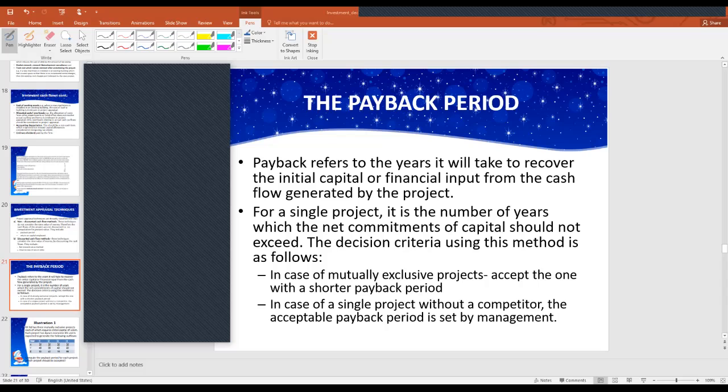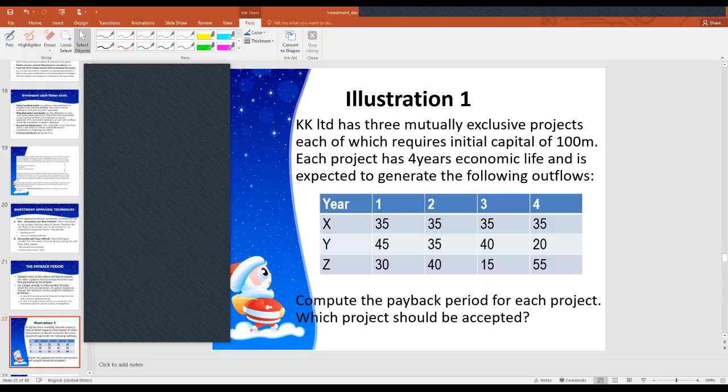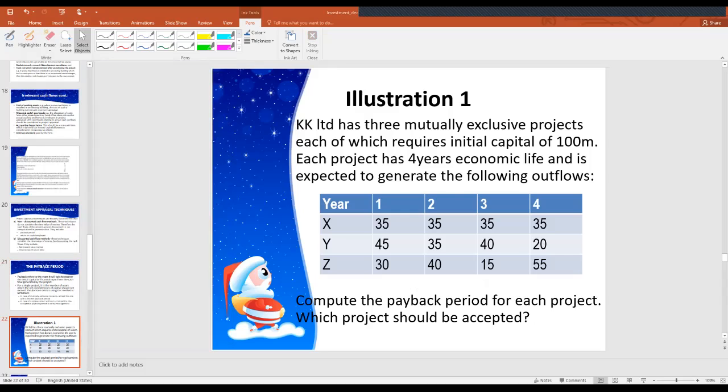Okay, let's do an example, and I want you to do this too. First, make the attempt. I'll show you how to get the payback for one project, then I'll ask you to do it for Y and for Z. Assume that you have this investment that has the following payback. Go through it, then we discuss together.